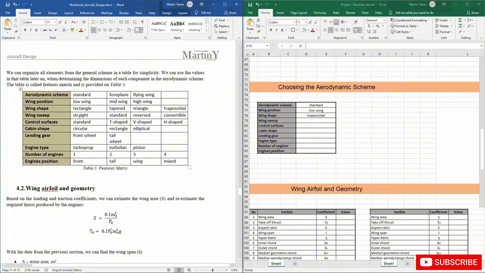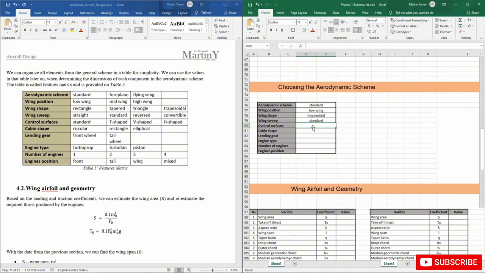So here we also have the wing sweep, and I would like a standard wing sweep. This is how much the wing is swept. If you don't know what wing sweep is, and if you're interested in this, I advise you to take a look at my aerodynamics course, where all the components and designs of the wing are explained.